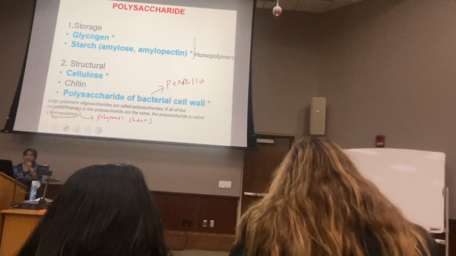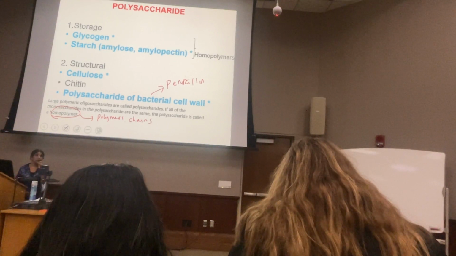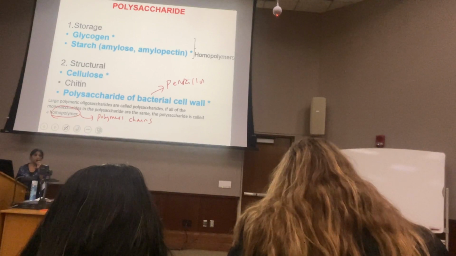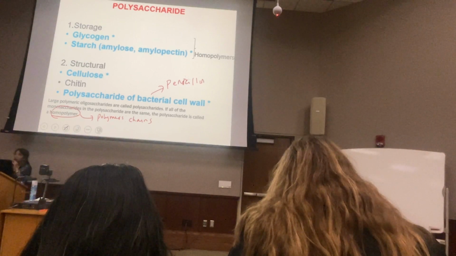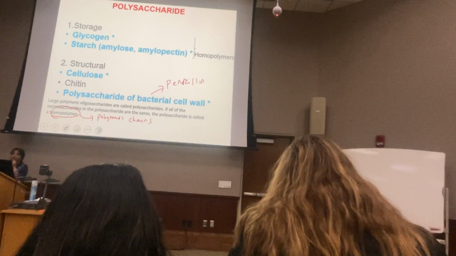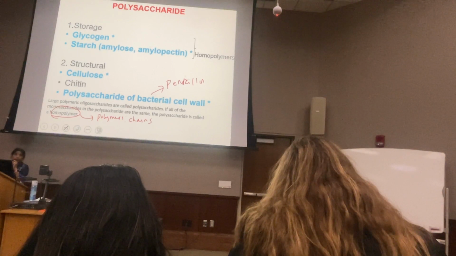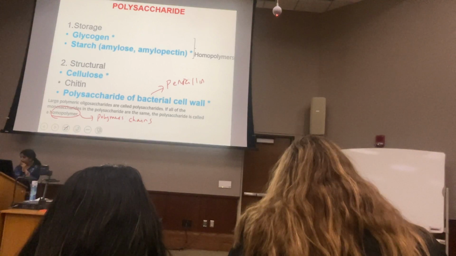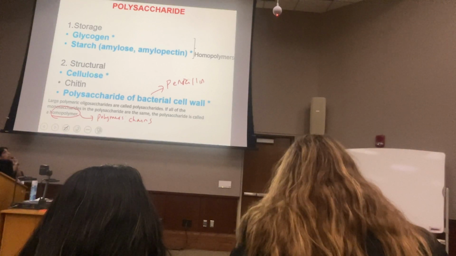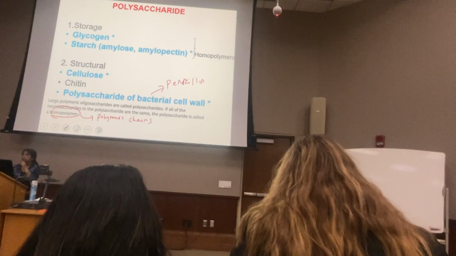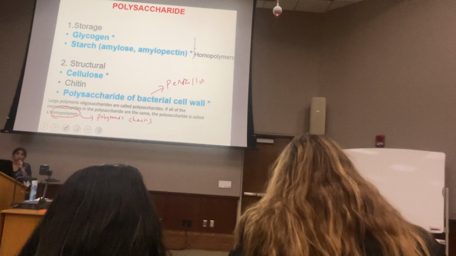And since we're talking about carbohydrates, they're chains of sugar groups bound together. When you have all glucose molecules bound together, they're homopolymers, the same molecules bound together in chains. And that's the case for glycogen, starch, and cellulose. They're all glucose molecules bound together, just with a different structure.